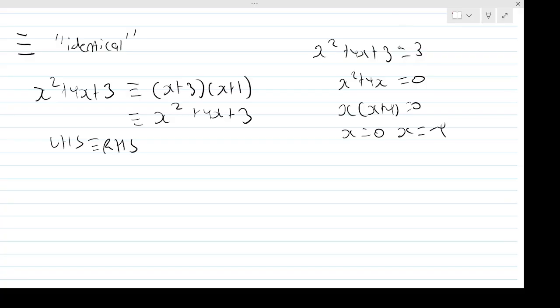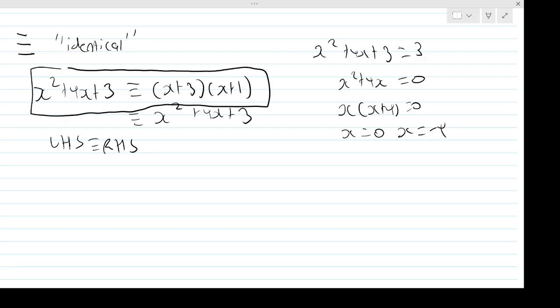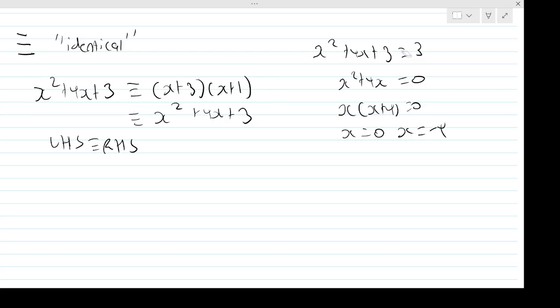And with identities, we will look at an example in a moment, you might be asked to prove that something is identical to another, and with that we prove that the left-hand side is identical to the right-hand side. So in this example, if we were to prove that both sides are identical, then we need to manipulate, expand or simplify an expression.